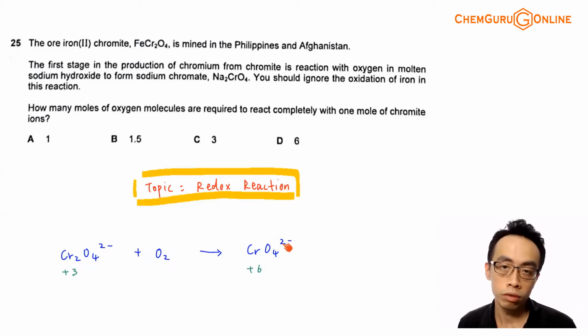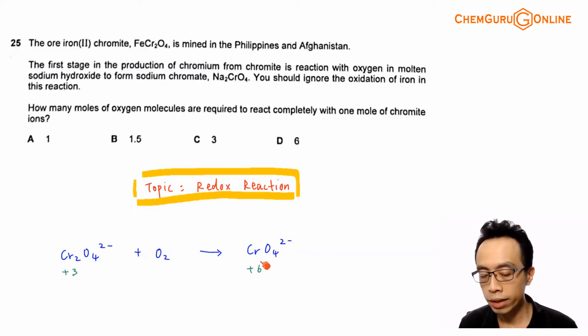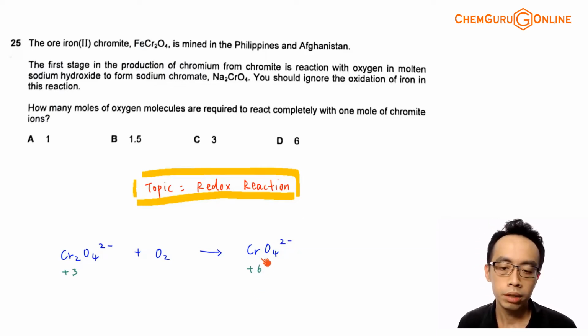Now, the first thing we have to determine is, during this reaction, who is oxidized and who is reduced. If I consider oxidation state for chromium in chromite, oxidation state for chromium is +3. Then oxidation state for chromium in chromate, CrO4 2-, is actually +6. So therefore, we know that chromium actually undergoes oxidation, increase in oxidation state from +3 to +6.